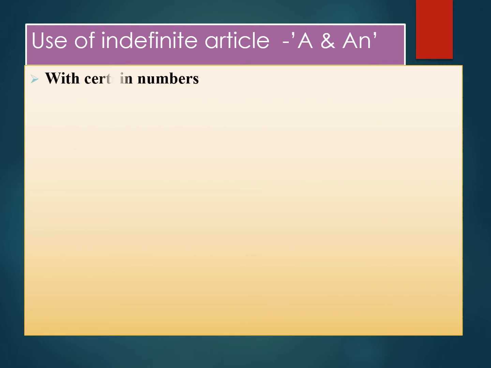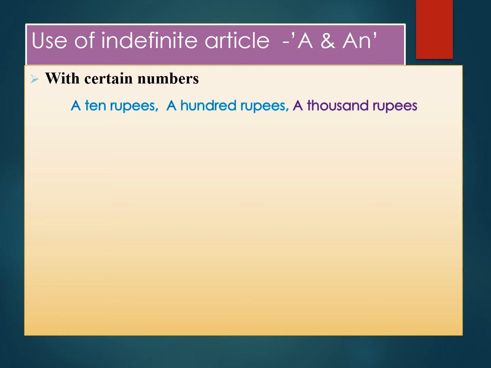The first point: indefinite article is used with certain numbers. Example, 100 rupees, 1,000 rupees, 10 rupees, 20 rupees, etc. So when we are using certain numbers, before that we have to use an indefinite article.